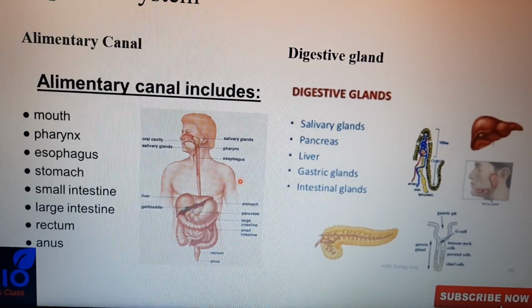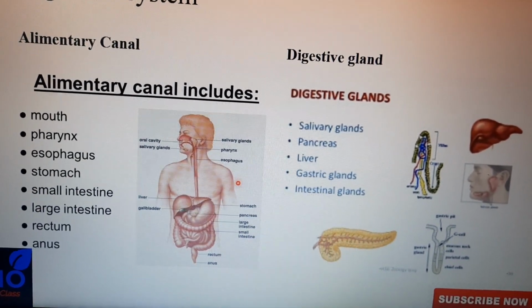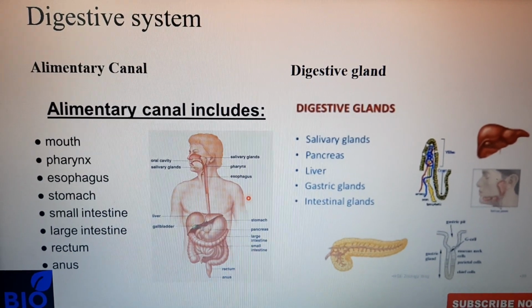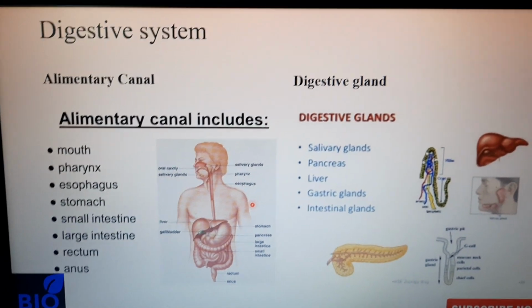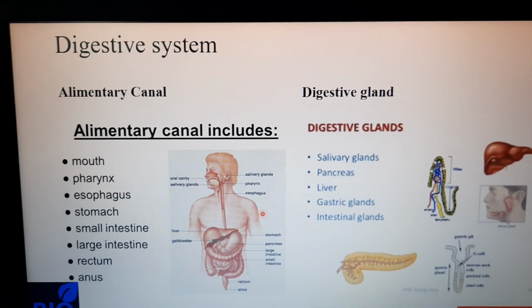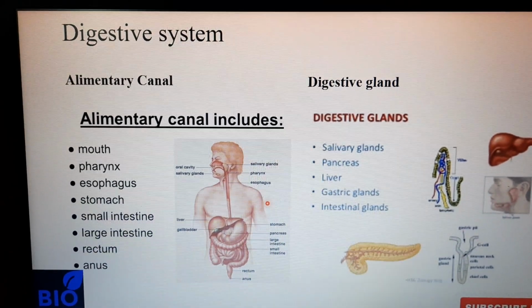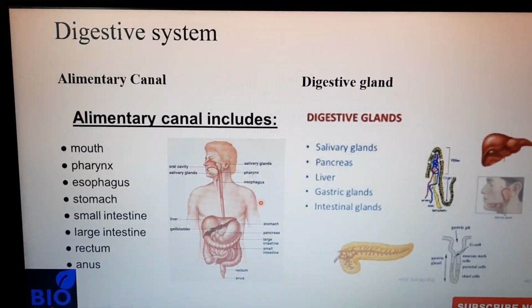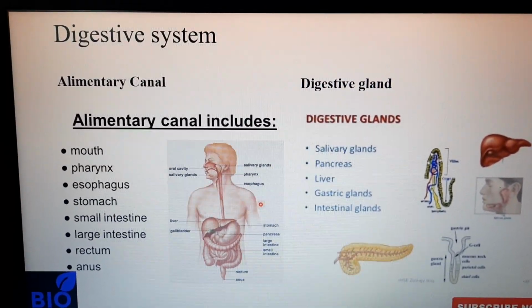The small intestine converts almost all kinds of food elements into simple forms. Carbohydrate, protein, and fat are broken down here into simple components: glucose, amino acids, and fatty acids and glycerol.